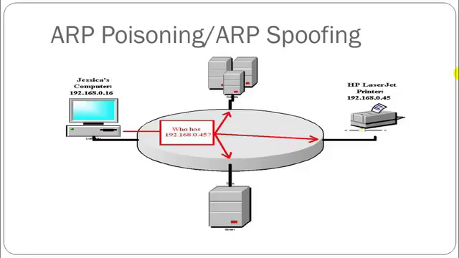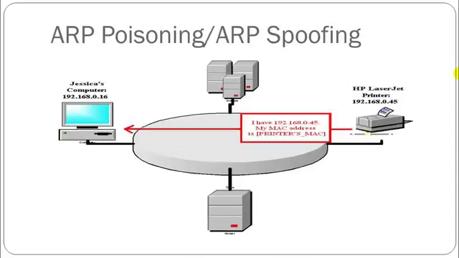192.168.0.45. So Jessica's computer broadcasts an ARP request to the entire local network asking who has the IP address 192.168.0.45, as seen in this diagram, and all the devices on the network ignore this ARP request except for the HP LaserJet printer.